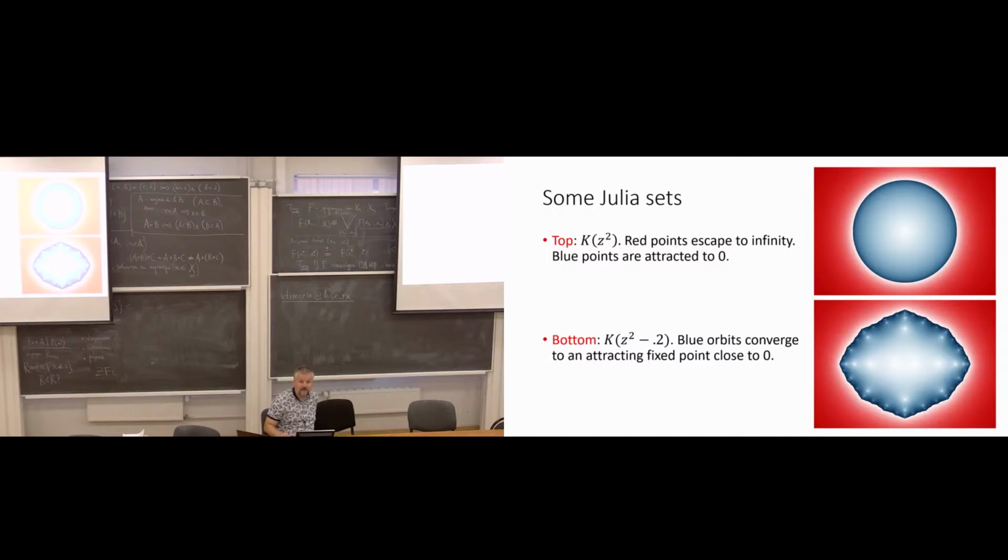The lighter points are points whose orbit gets faster to a small neighborhood of the attracting fixed point. Why do we see many light spots? Because you have one fixed point, you have a preimage of this point that gets right to the fixed point in one step.